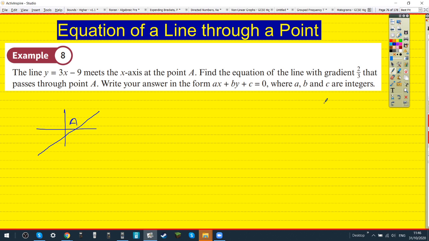Yep. And so in relation to this line, the y equals 3x minus 9. Any coordinate on A that we know? Anything about the point? Oh, right. Okay.